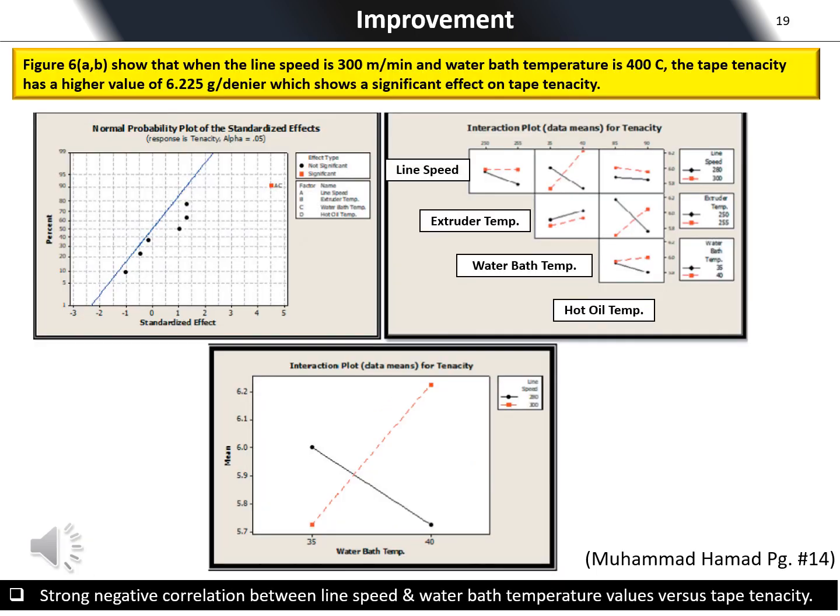Figures 6a and b show that when the line speed is 300 meters per minute and water bath temperature is 40 degrees Celsius, the tape tenacity has a higher value of 6.225 g/denier, which shows a significant effect on tape tenacity. A strong negative correlation is seen between line speed and water bath temperature values versus tape tenacity.